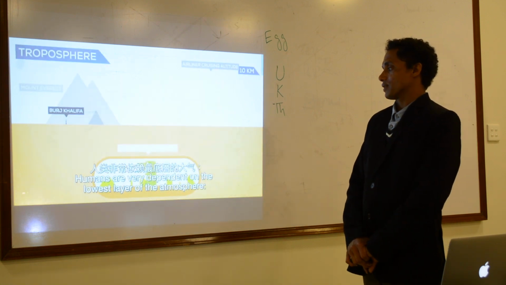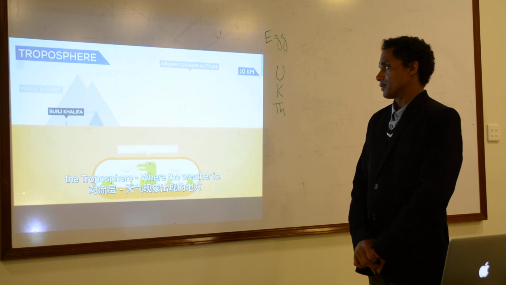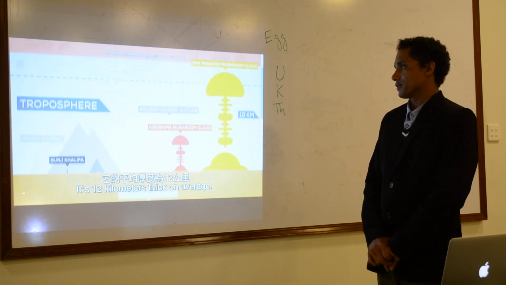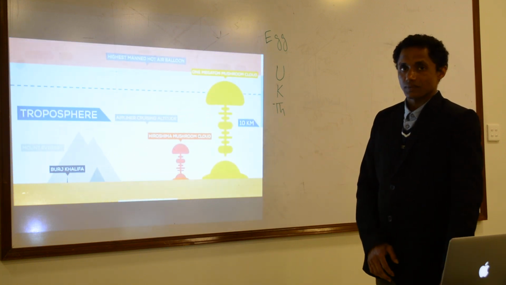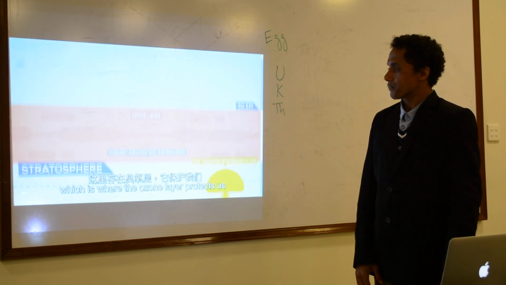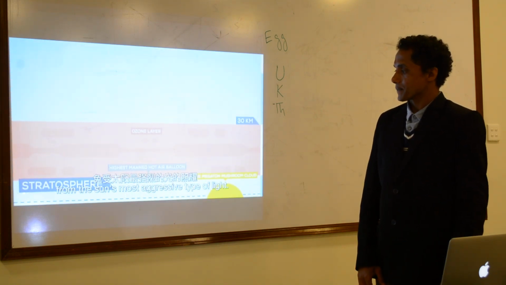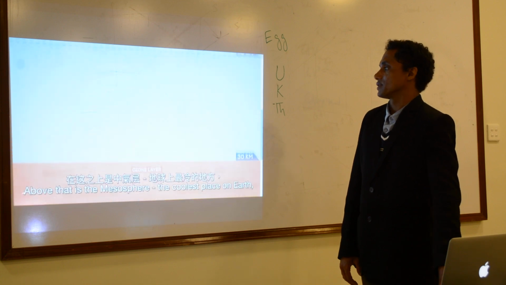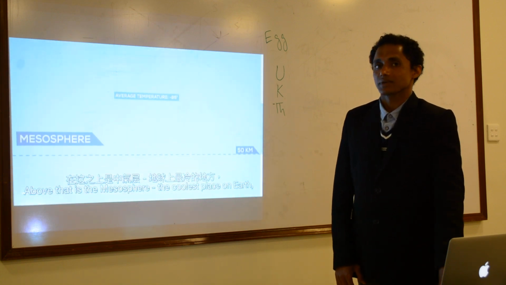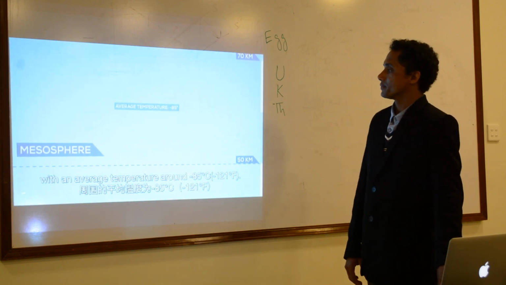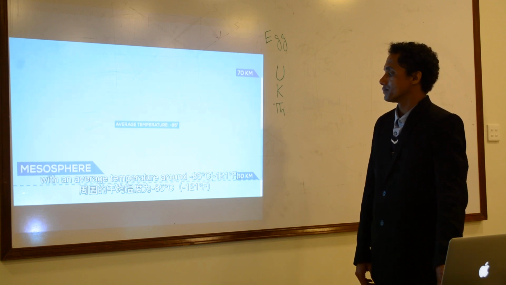Humans are very dependent on the lowest layer of the atmosphere, the troposphere, where the weather is. It's 12 kilometers thick on average. Above that is the stratosphere, which is where the ozone layer protects us from the sun's most aggressive type of light. Above that is the mesosphere, the coolest place on Earth, with an average temperature around -85 degrees Celsius.